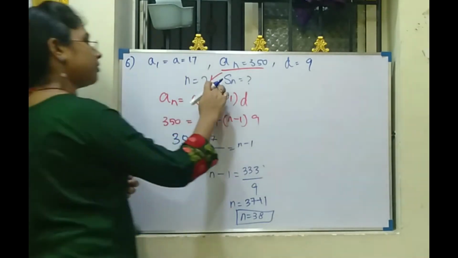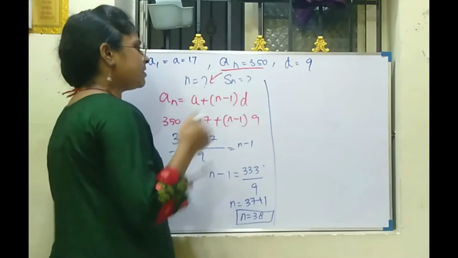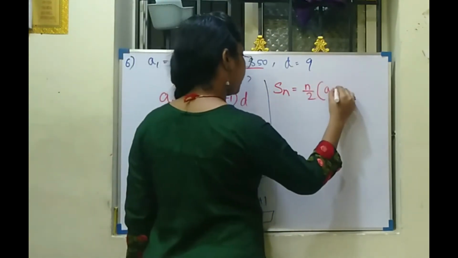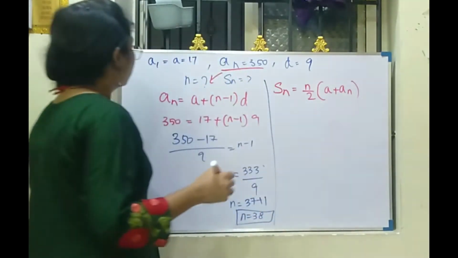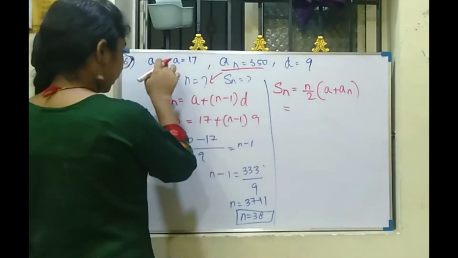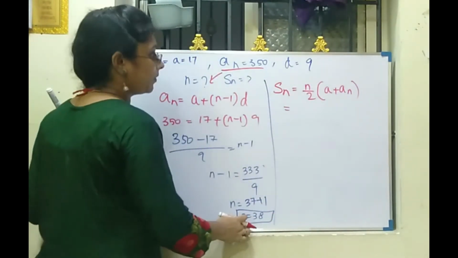Now we have to find the value of Sn. What is the formula for Sn? Sn is equal to n by 2 into (a plus an). From the given data we know the value of a and an, and just now we have found the value of n.